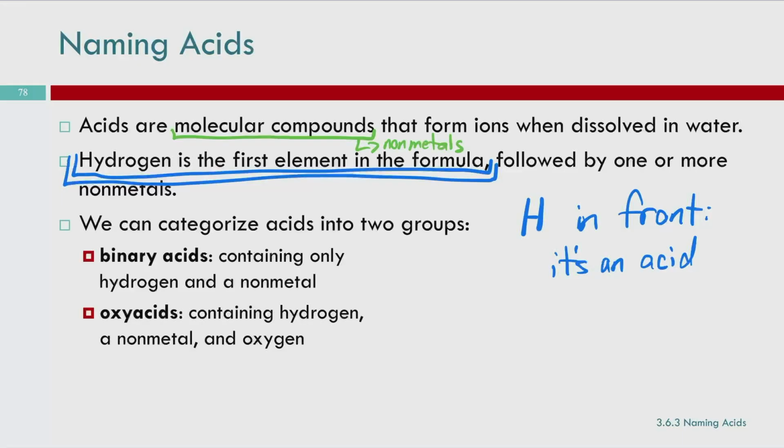Our easier, arguably, binary acids. Binary acids contain hydrogen. Hydrogen will be in front. And they'll also contain a nonmetal, so from that upper right-hand side of the periodic table.